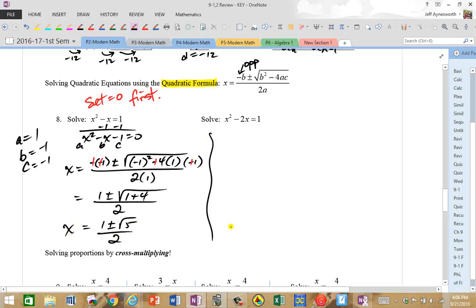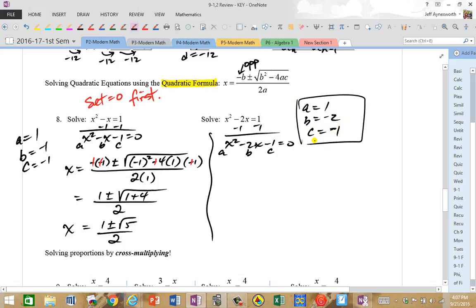That's my first one. Now on this one here, we're going to do the same thing. We're going to get x squared minus 2x minus 1 equals 0. This time, a equals 1, b is equal to negative 2, and c is equal to negative 1.